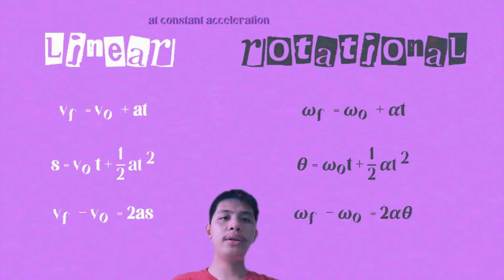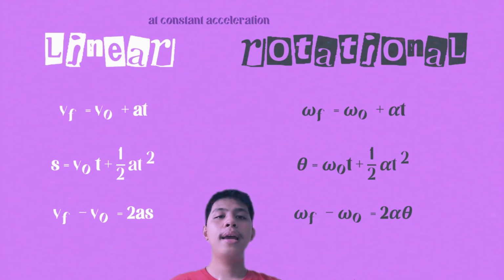Finally, here are the equations for linear and rotational motions at constant acceleration. For linear, we have final velocity is equal to initial velocity plus acceleration times time. Next is S, or displacement, is equal to initial velocity times time plus 1/2 times acceleration times time squared. Next is final velocity squared minus initial velocity squared equals 2 times acceleration times displacement.